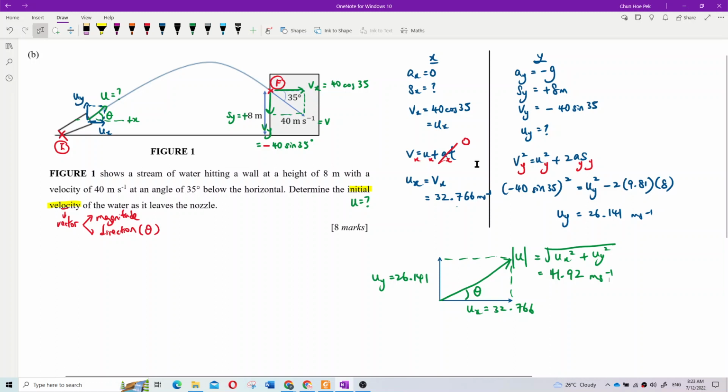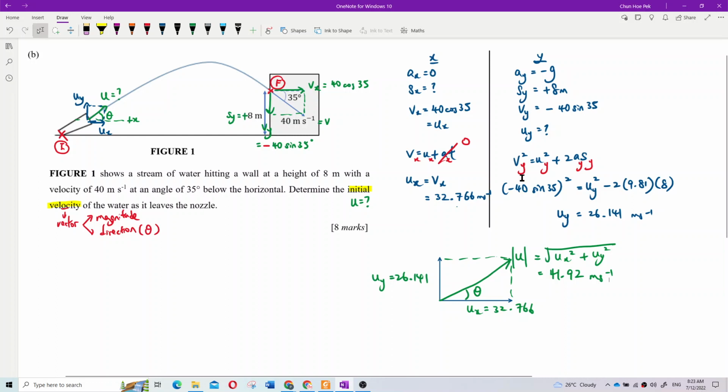40 sine 35. Okay, let me calculate again. 40 sine 35, and then I square the answer, and then I plus 2 multiply 9.81 multiply 8. Answer. It's correct.